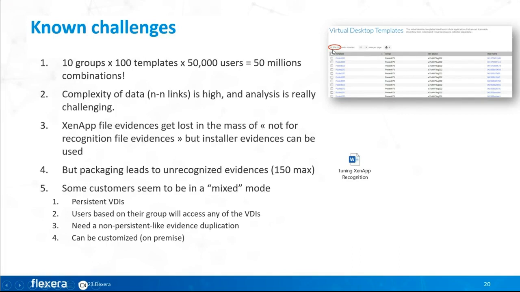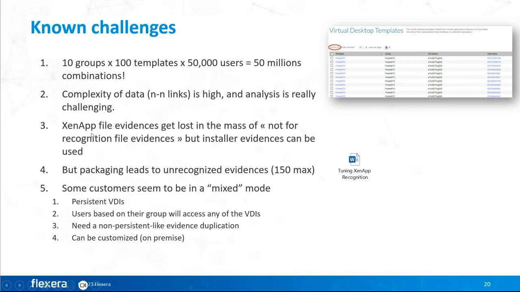This is just overwhelming, because there are multiple groups, so the same template can be linked to multiple groups, and multiple VDI devices can be linked, and the users, of course. So in the end, the combinations are big, the complexity of data is high, and the analysis can be challenging.